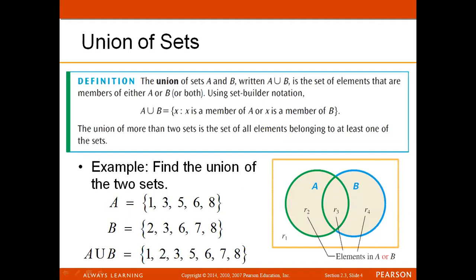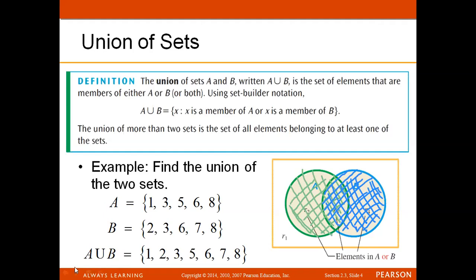Now, the elements belonging to A are shaded here. And the elements that belong to B are shaded here. Now we have shaded all elements in A or B or both.